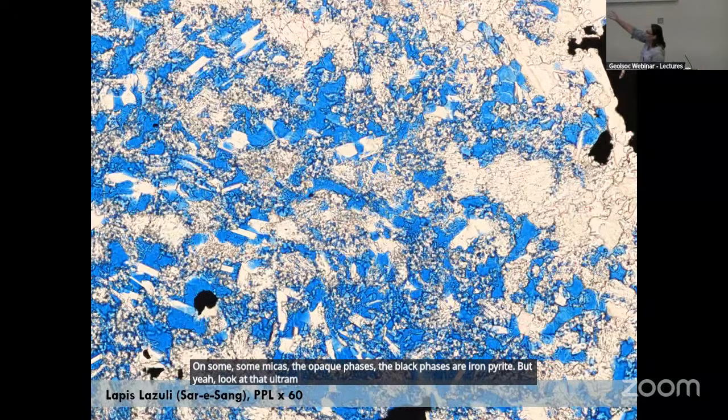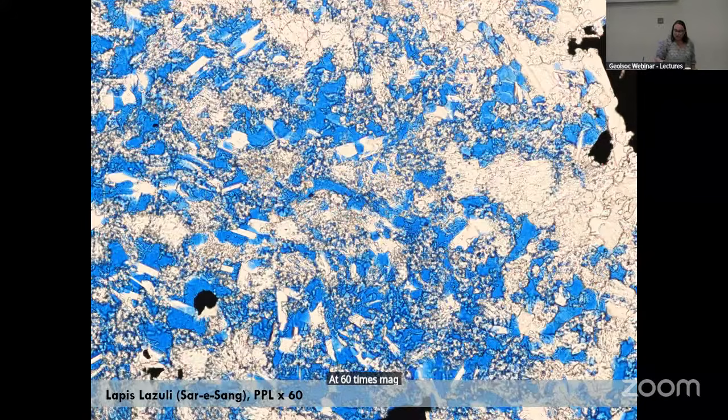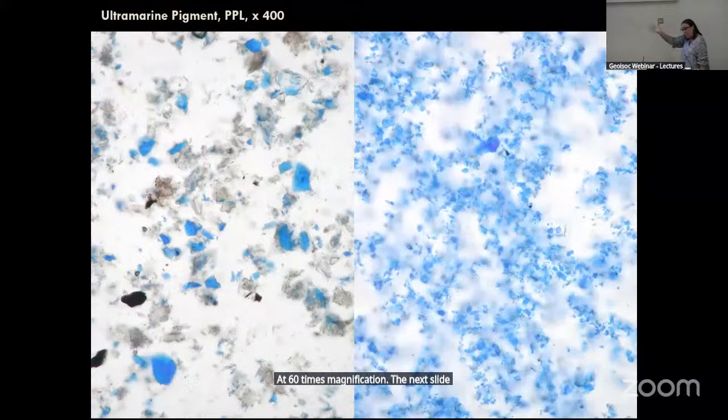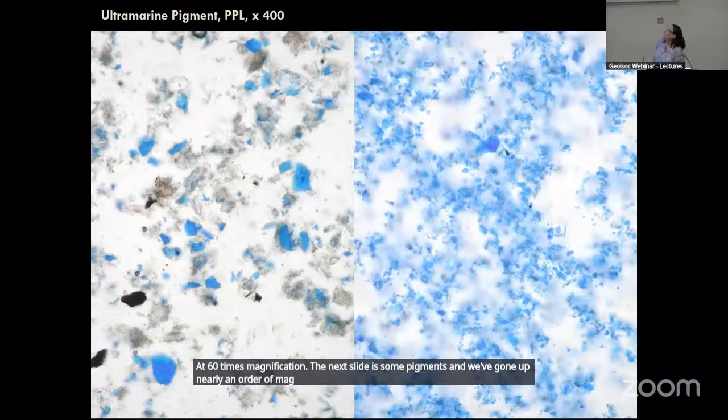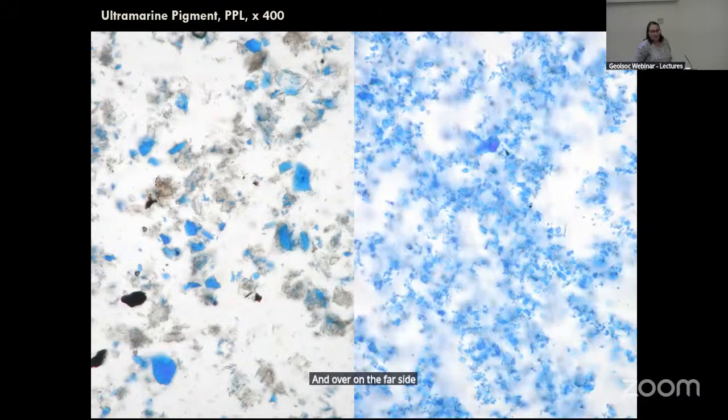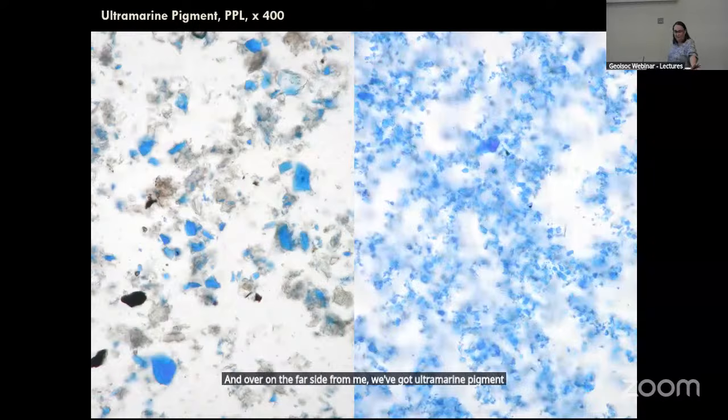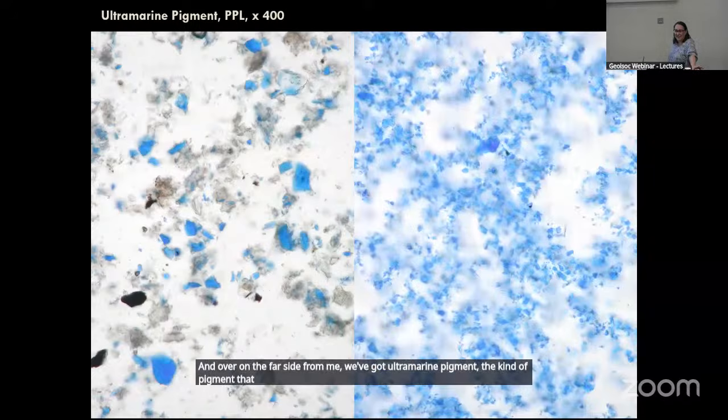And so this is how you would view a normal thin section, at 60 times magnification. The next slide is some pigments, and we've gone up nearly an order of magnitude in magnification here, so this is 400 times. And over on the far side from me, we've got ultramarine pigment, the kind of pigment that Duccio would have been using in the early Renaissance.